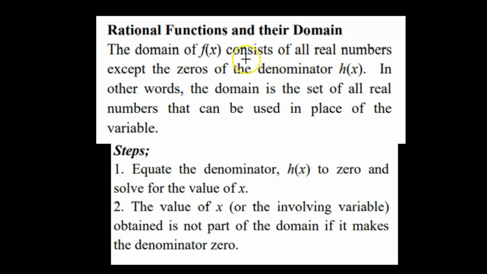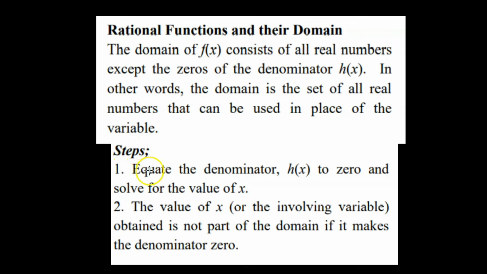What it implies is that for any rational function to exist, the domain will be possible except when the whole expression for the denominator is 0. So in other words, the domain is the set of all real numbers that can be used in place of the variable.